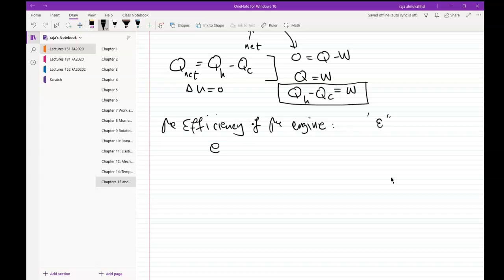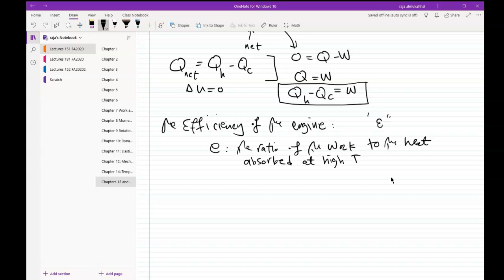In our book we use E. The efficiency of the engine is basically the ratio of the work to the heat absorbed at high temperature by the engine, which is basically Q sub H, the one we just talked about.